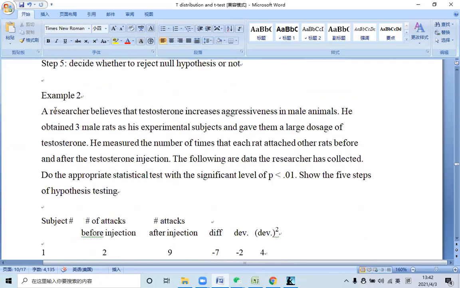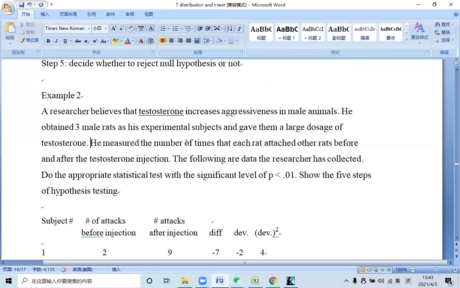Let's look at another example. A researcher believes that testosterone, a male hormone, increases aggressiveness in male animals. He got 3 male rats as his subjects, and gave them a large dosage of testosterone, a shot to increase their testosterone level.